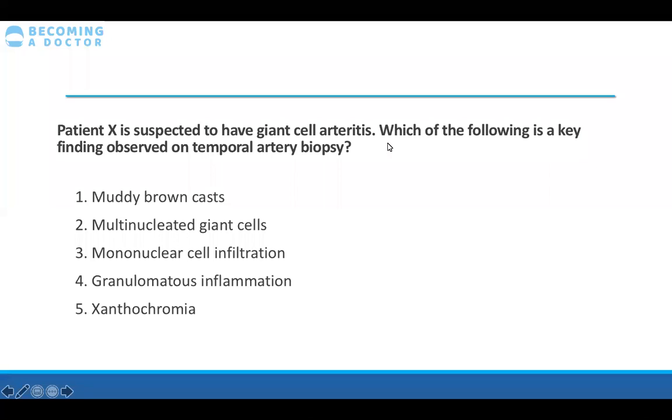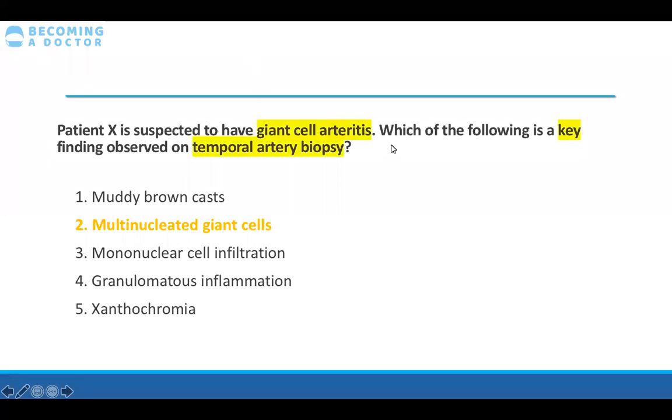Okay, so we've got split answers. We're split between multinucleated giant cells and granulomatous inflammation. The correct answer is number 2, multinucleated giant cells. But the people who answered granulomatous inflammation are not incorrect as well. Let's just discuss why.